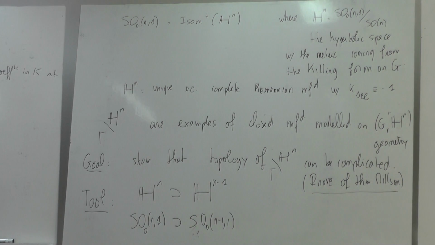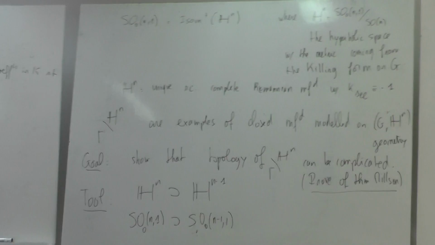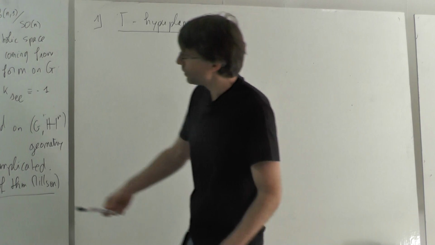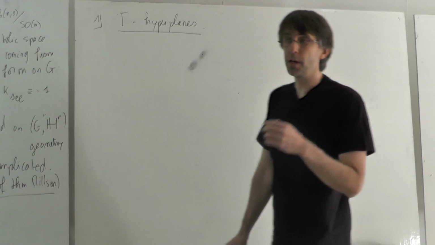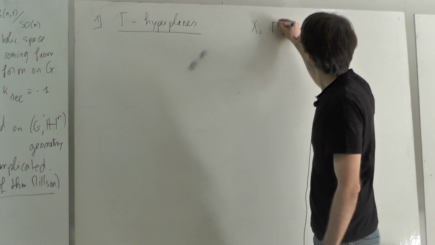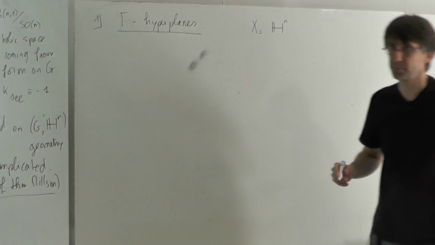Just to insist on the fact that you don't need to know much about the geometry of H^n to understand the rest. I will denote from now on X = H^n.